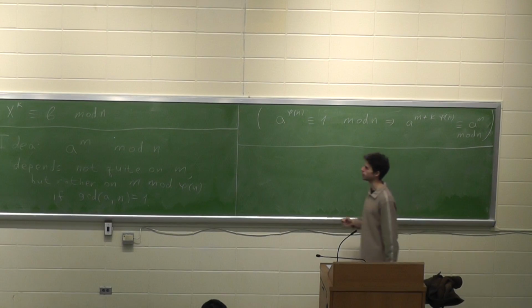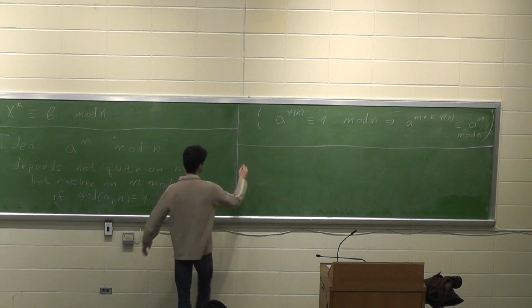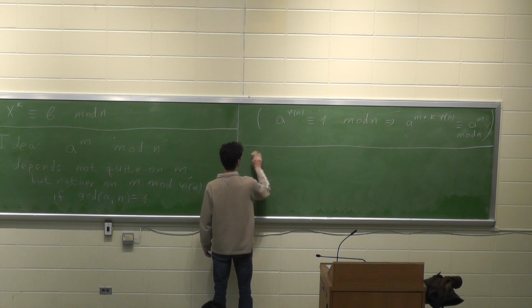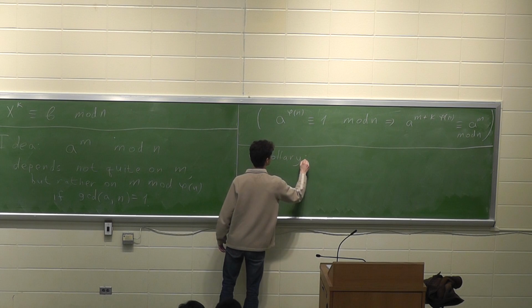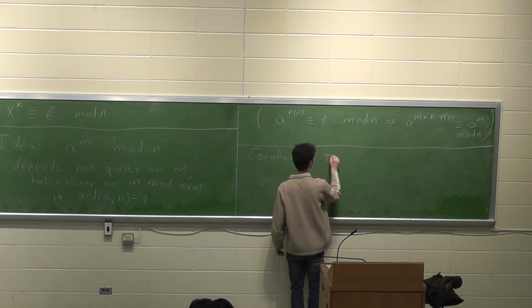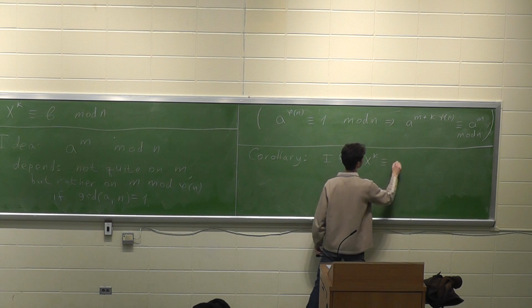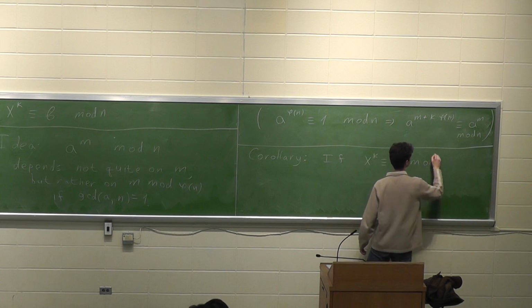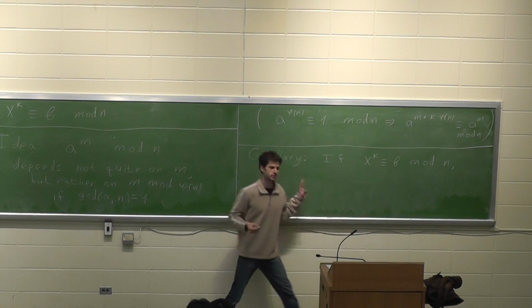Now, what does it tell you about this equation? Well, the corollary of this observation is as follows. If x to the power k is congruent to b modulo n, with some conditions.